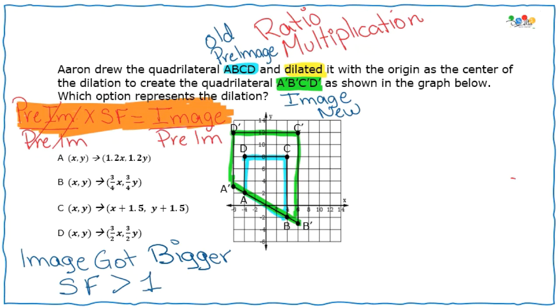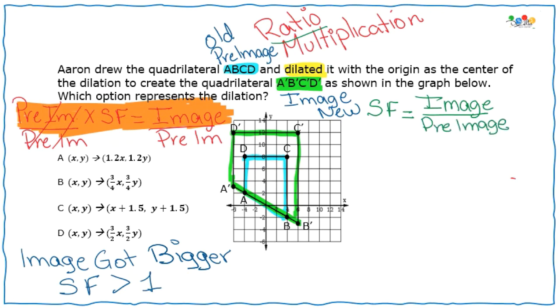So on the other side of the paper, I'm going to write down what I found, which is how do I get the scale factor? Well, I'm going to need to find a comparison. That's the reason why I put the word ratio above, because now I need to find the scale factor. I do not know it. I'm going to compare the image, which is my new image, right, over the pre-image.